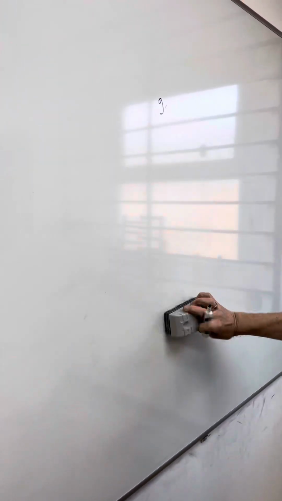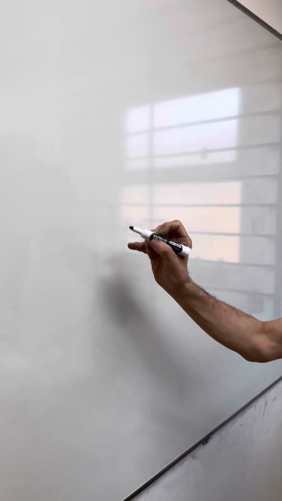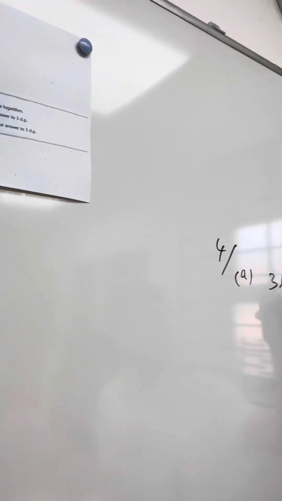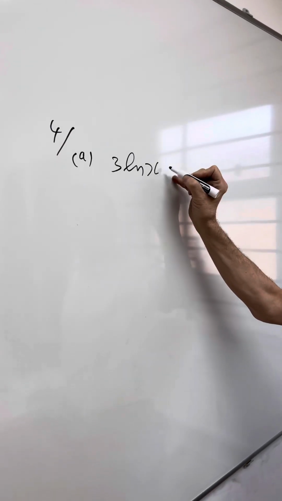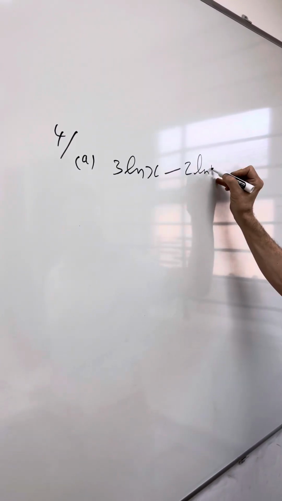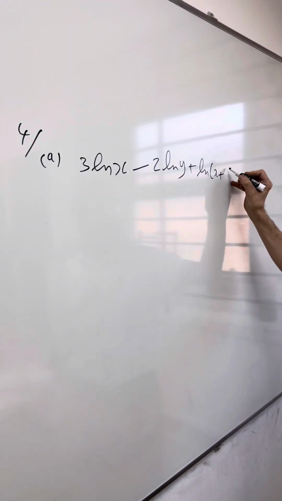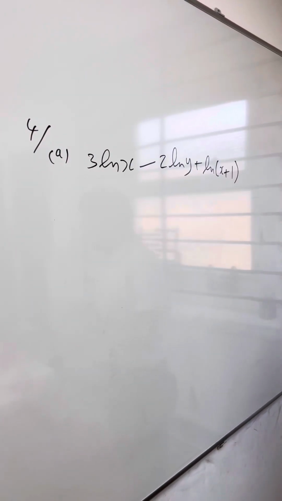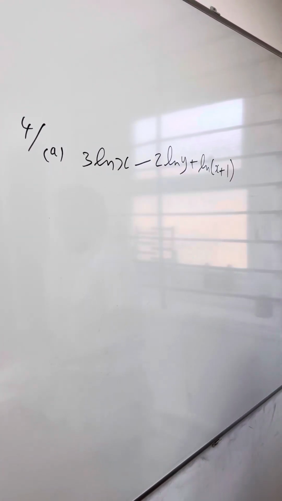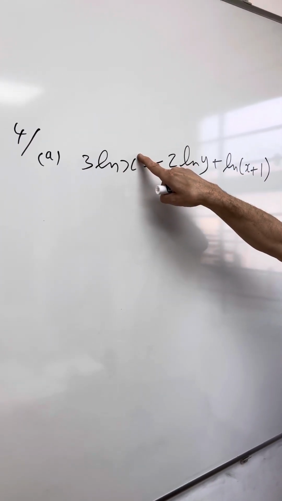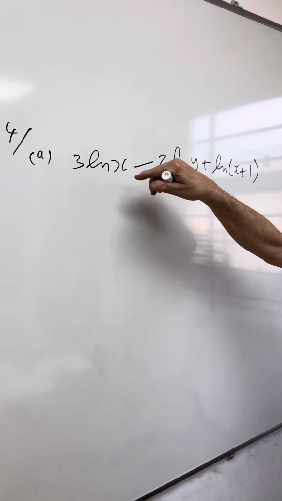So let me write down what the question is for part A, that's question 4, part A, in that A-level maths question, in that first line. We know that's 3 ln, which is log to the base e, of x, minus 2 ln y, plus ln of x plus 1. First and foremost, if we now convert this, remember that's n, and you can write it as the exponent of the number inside the log.